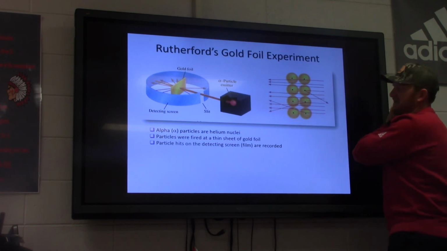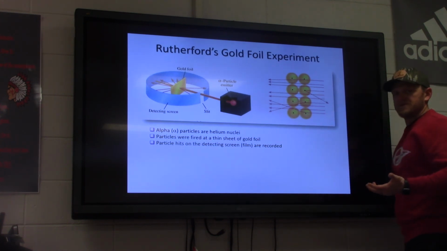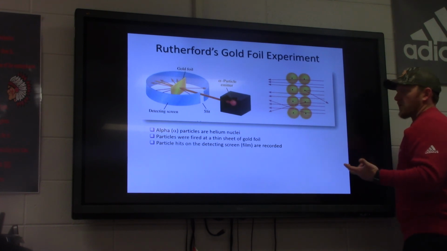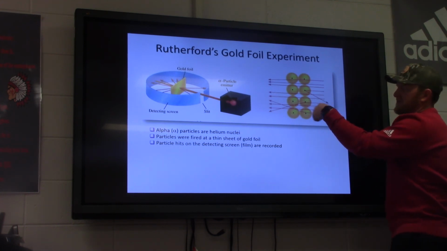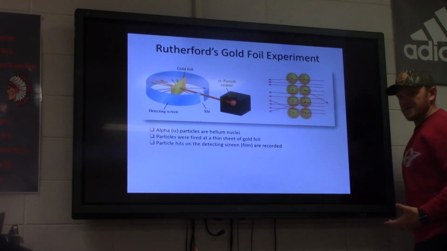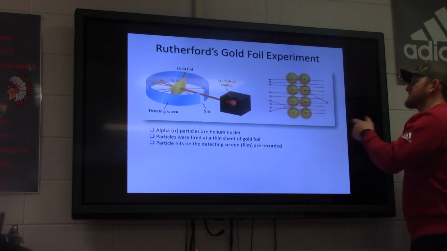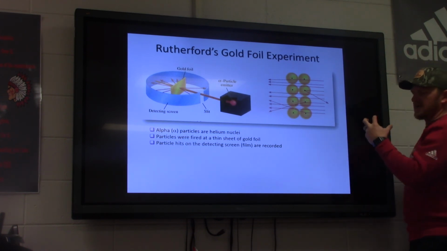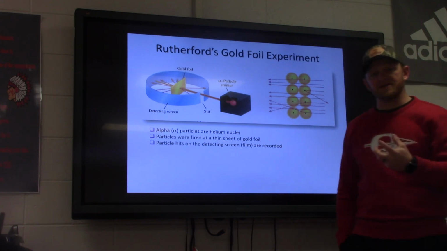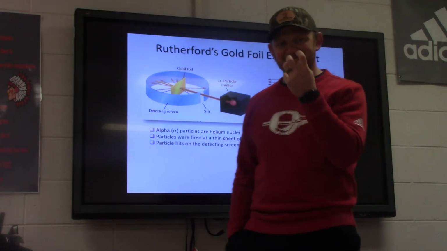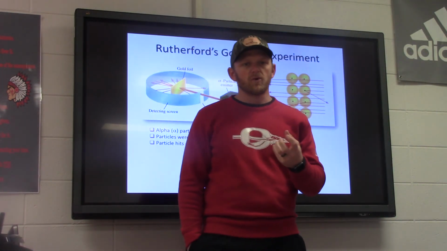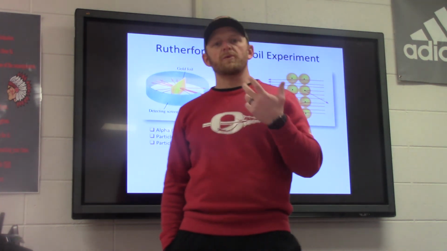If it didn't hit anything, it would go straight through because it was just a positive charge. So therefore, because that positive charge and you got the negative electrons around it, it didn't hit anything. So that told him that there's a nucleus inside this atom, therefore it has a positive charge, which is what we call the proton.